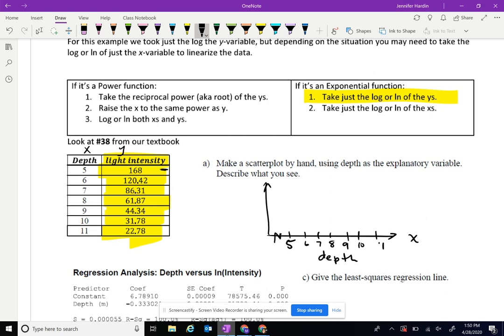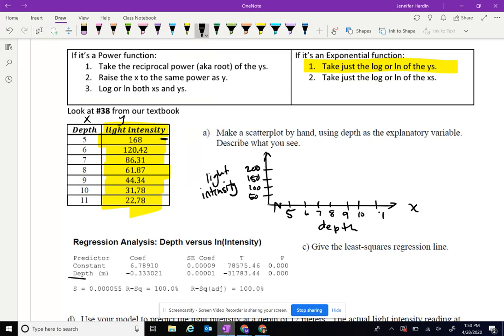These numbers go all the way up to 168. I don't know what our units are quite. Looks like depth is measured in meters. And then light intensity, I think, would be in lumens.